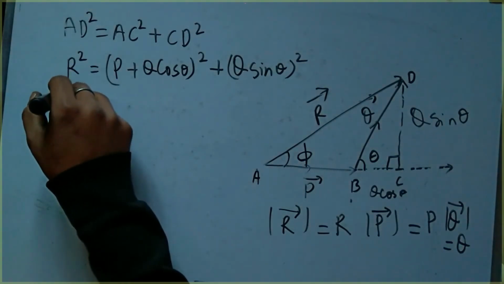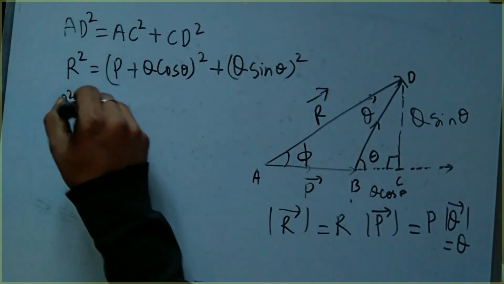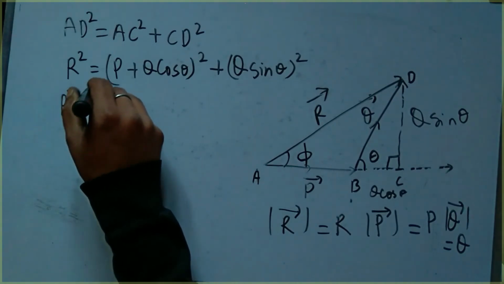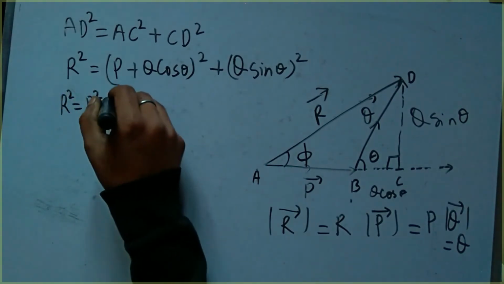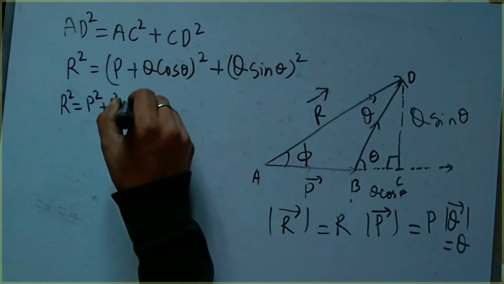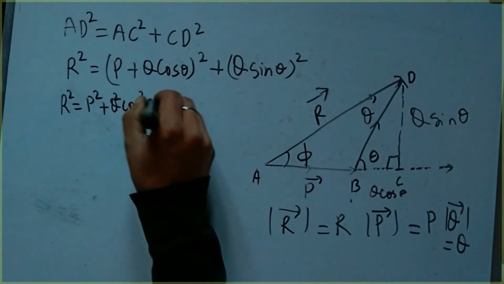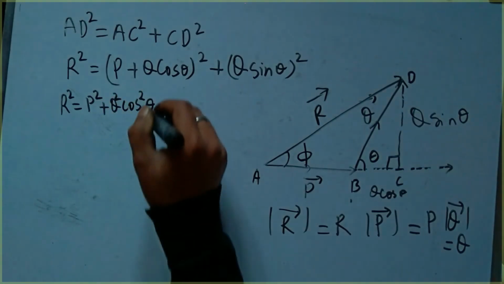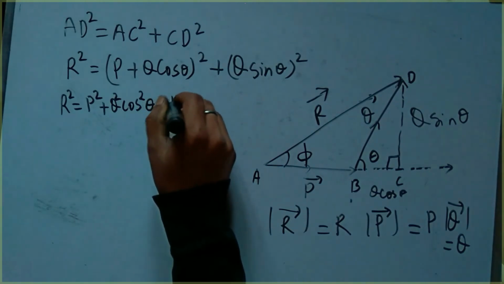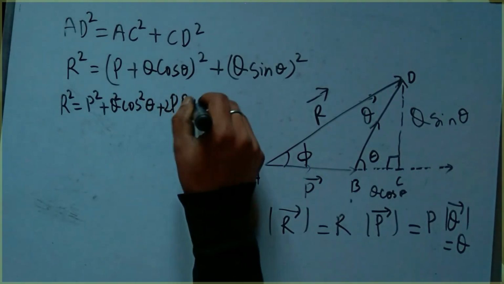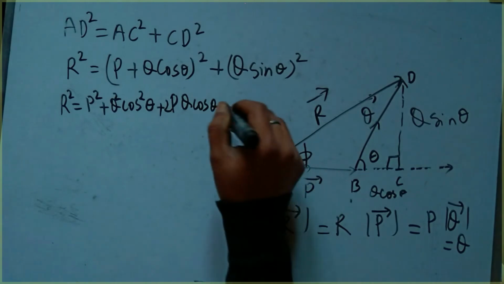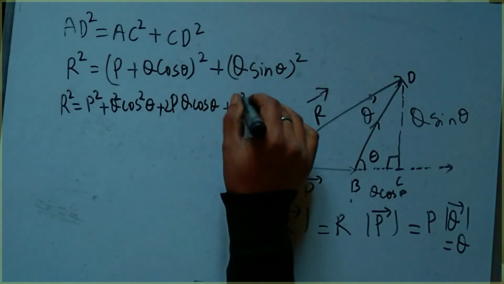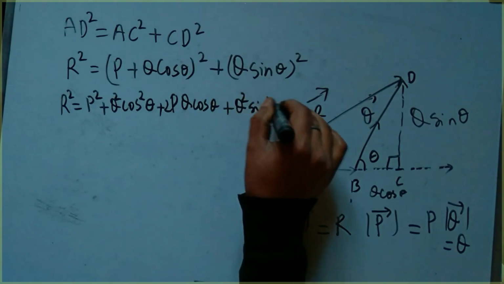So if we expand, R square is equal to P square plus Q square cos square theta plus 2PQ cos theta plus Q square sin square theta.